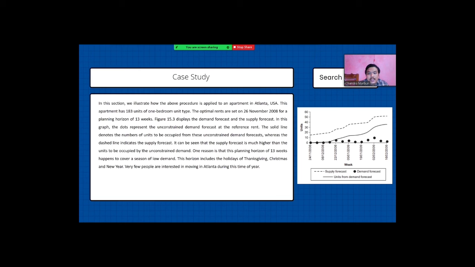One reason is that this planning horizon of 13 weeks happens to cover a season of low demand. This horizon includes the holidays of Thanksgiving, Christmas, and New Year. Very few people are interested in moving in Atlanta during this time of year. So we can see in this graph the solid line is the demand forecast and the dashed line is the supply forecast.